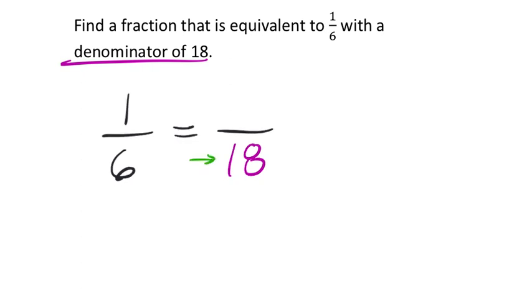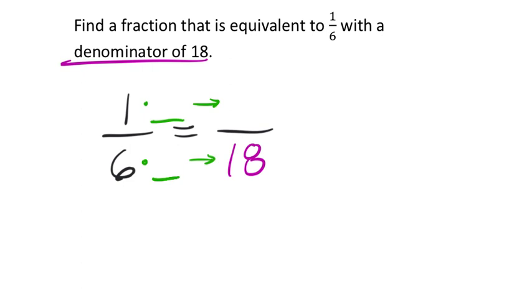Well, the 6 is being made bigger, and the only two operations, just like we saw 2 slides ago, that we can use are multiplication and division. So 6 is being made bigger. That tells me that I must multiply 6 by something in order to get 18. Now I know if I do that to the bottom, or denominator, I'm also going to have to do it to the numerator, which will then get me my new numerator.